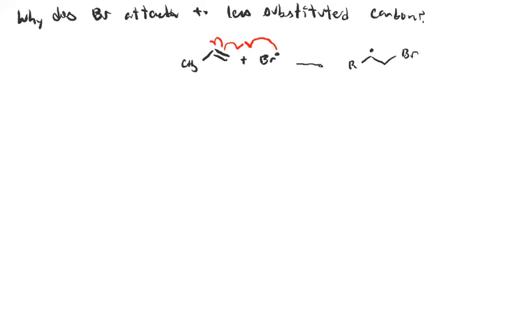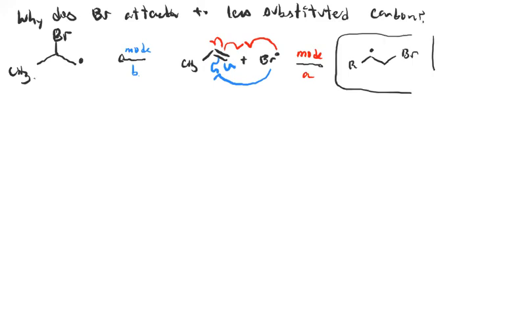Okay, and then mode B, so we'll call this mode A. Mode B is going to be attacking the more substituted carbon and push that lone electron down to the terminal carbon. Mode B. And so, okay, so these are the two possible products or intermediates that I need to think about, all right?